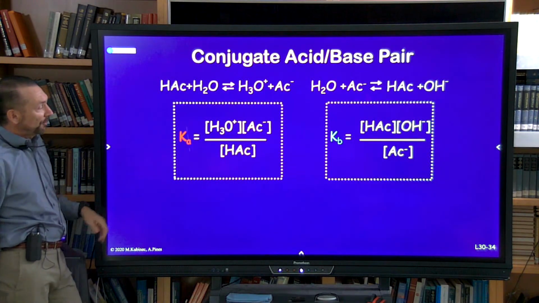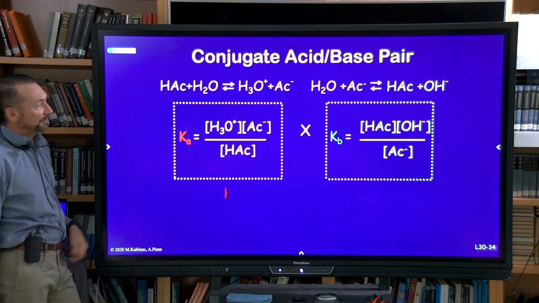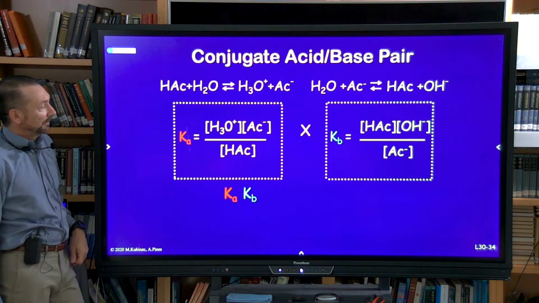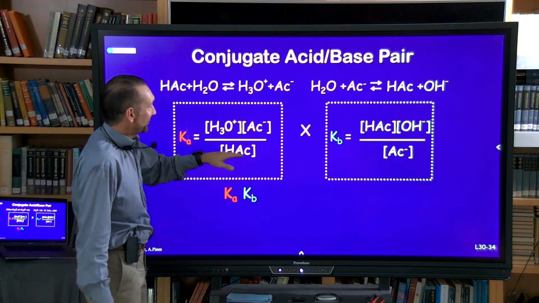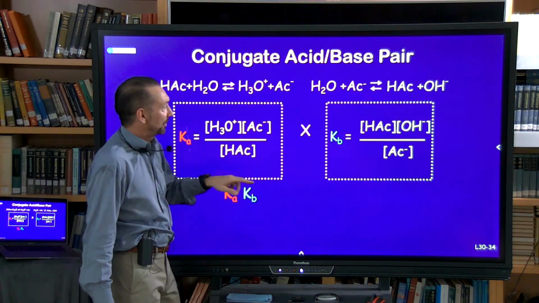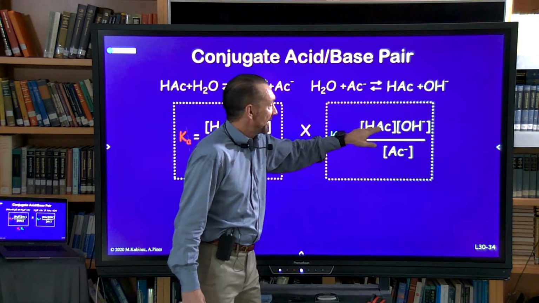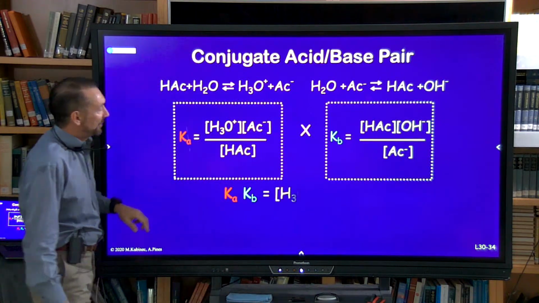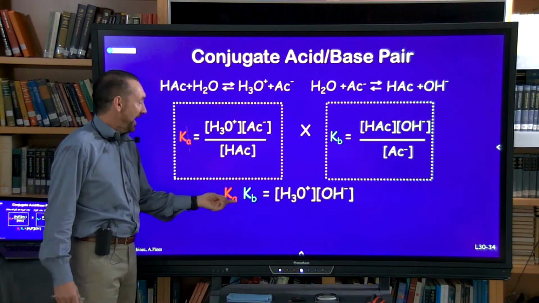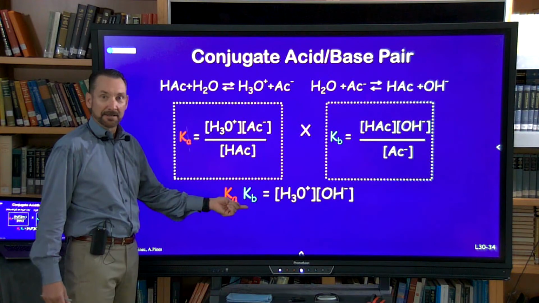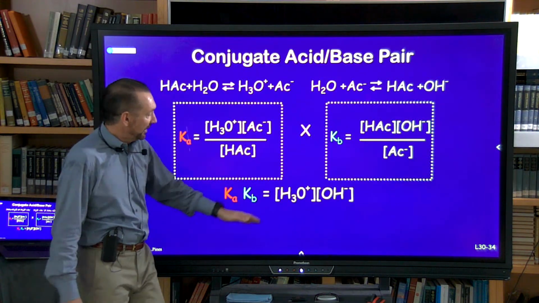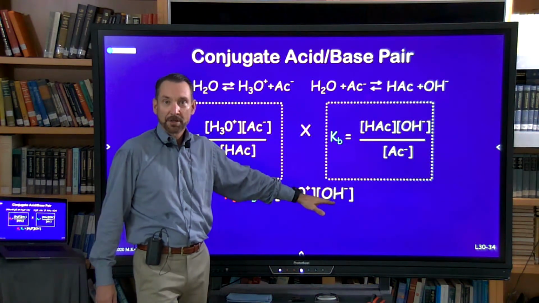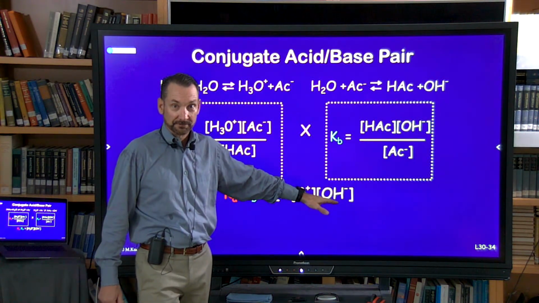If you do that, you'll notice if you multiply the two, Ka times Kb, then everything cancels out except the H3O plus and the OH minus. So the HAc cancels, and the Ac minus cancels. What you get is that Ka times Kb for a weak acid-base pair is the equilibrium expression for the water dissociation.